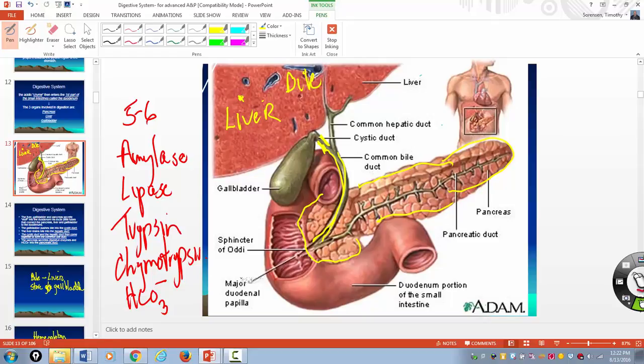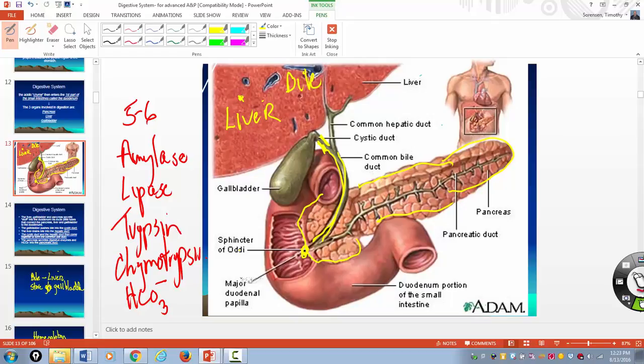And as you can also see, the pancreatic duct, which releases bicarbonate and digestive enzymes, meets the common bile duct at what's called the ampulla of Vater. And there's a little circular band of muscle called the sphincter of Oddi that prevents the contents from the pancreas, liver, and gallbladder from constantly dumping into the duodenum.